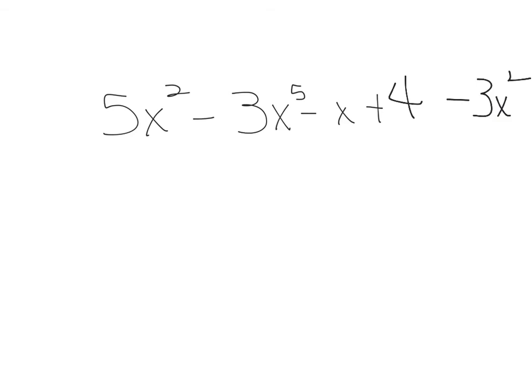What will come first? Oh wait, let me change this to a third, sorry. All right, what comes first? Good. So the negative 3x to the 5th. What comes next? That last thing is a 3.